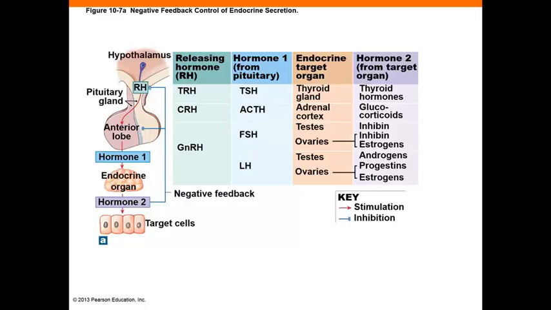Hormone 1 reaches some target endocrine organ and stimulates the release of hormone 2 from the target gland. Hormone 2 not only performs its effect on target cells, but it also performs a negative feedback on the hypothalamus and the anterior lobe of the pituitary gland by preventing the release of more releasing hormone and preventing the release of hormone 1.